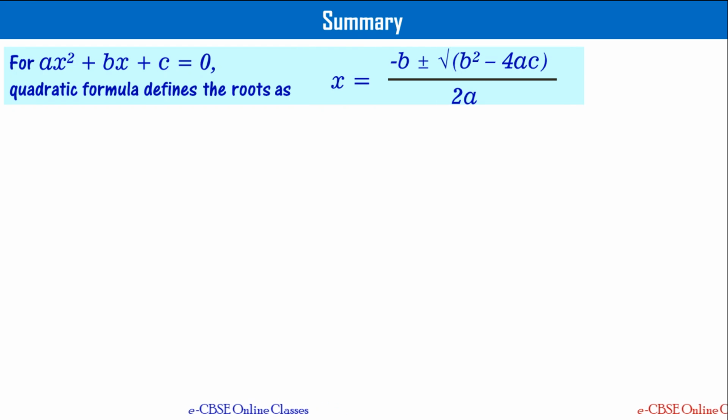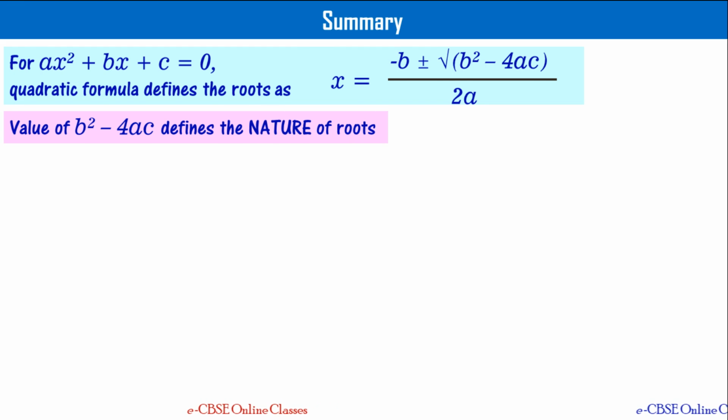Let's summarize what we have learned just now. We said that for ax square plus bx plus c equal to 0, the quadratic formula defines the roots as x equal to minus b plus or minus square root of b square minus 4ac divided by 2a. And we also said that value of b square minus 4ac matters and it defines the nature of the roots.